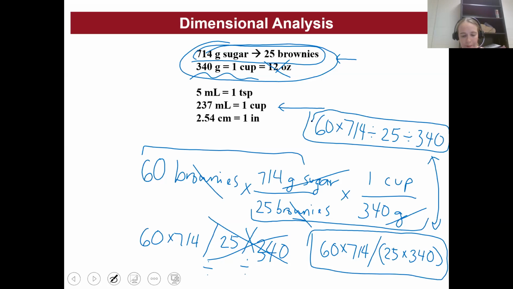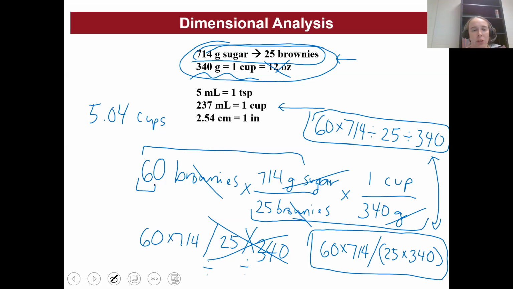what do we get? I got 5.04 cups of sugar. And if we're going to round to the correct number of significant figures, which I didn't do in the previous problems because they weren't actually asking for numbers, but this one is.